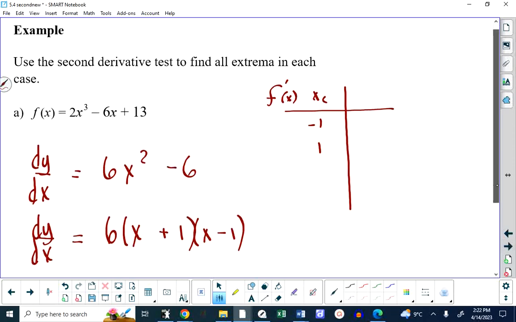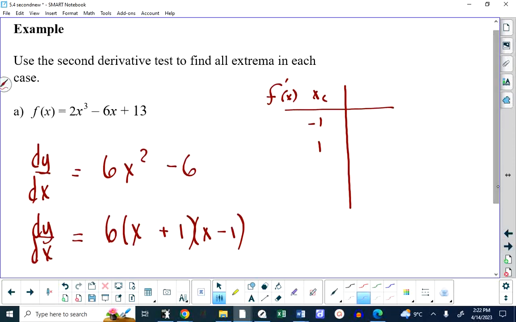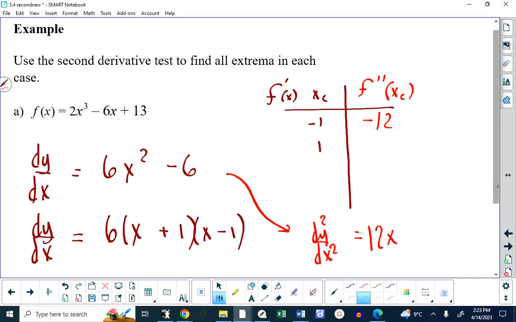My second derivative, d2y dx squared, is 12x. So my second derivative at those critical values of x, that just means I'm going to put -1 into my second derivative, and I'm going to get -12. I'm going to put +1 into my second derivative, I'm going to get +12.